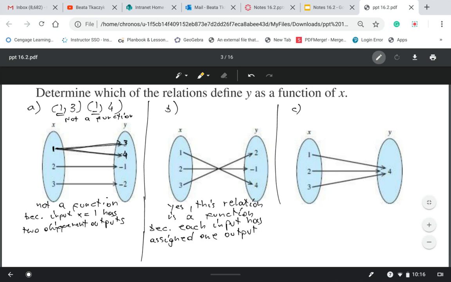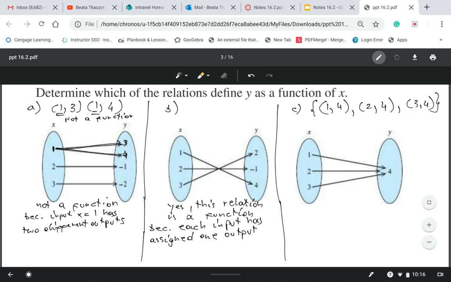And for the third one, we have to decide if this relation represents a function. Let me rewrite this relation using coordinate points. Each input has assigned one output. Input 1 has assigned output 4, input 2 has assigned output 4, and input 3 has assigned output 4.